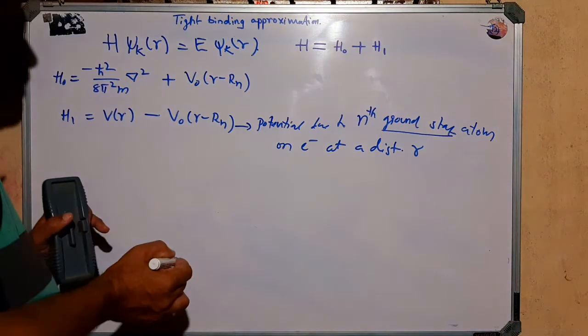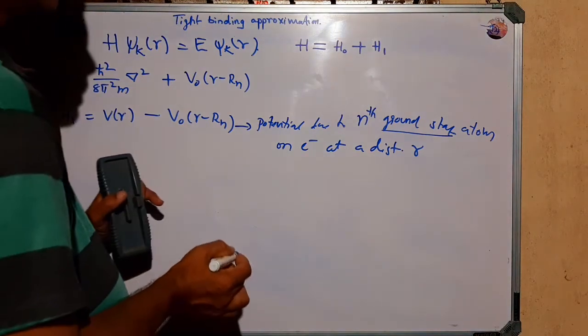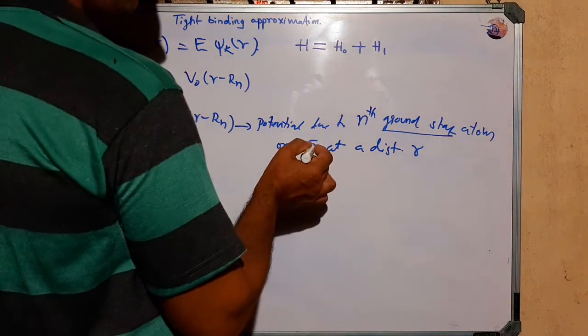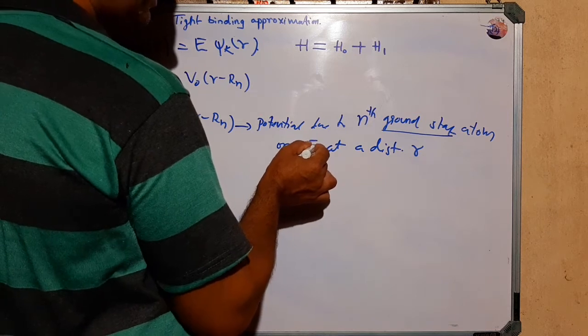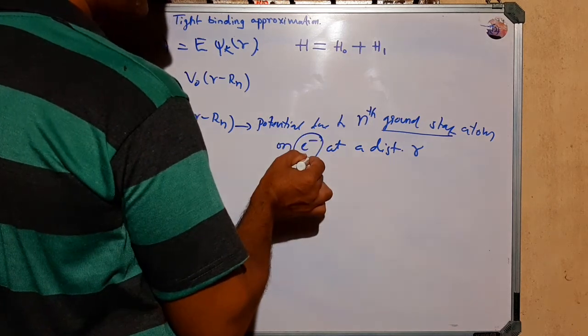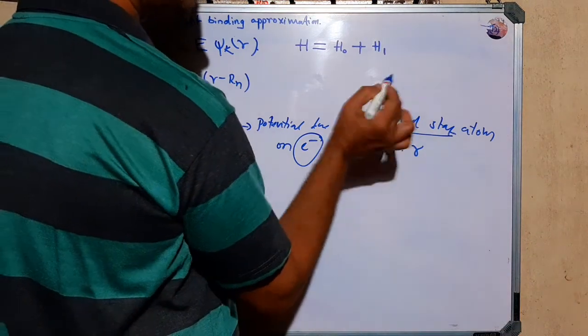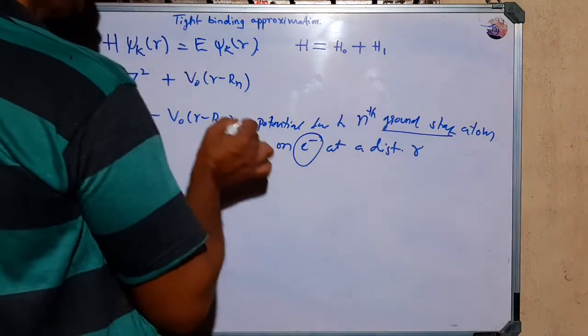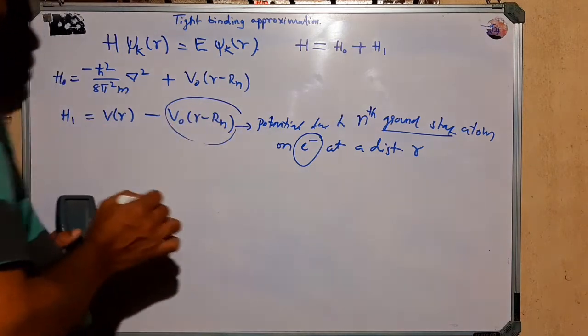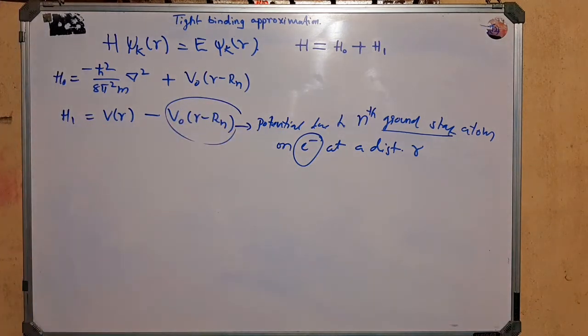Okay. Now what is the value of electron potential because of the influence of the nth ground state atom? That we have indicated as V0(R minus Rn).